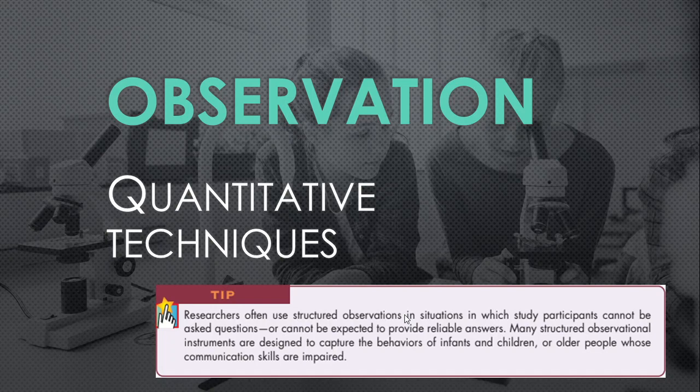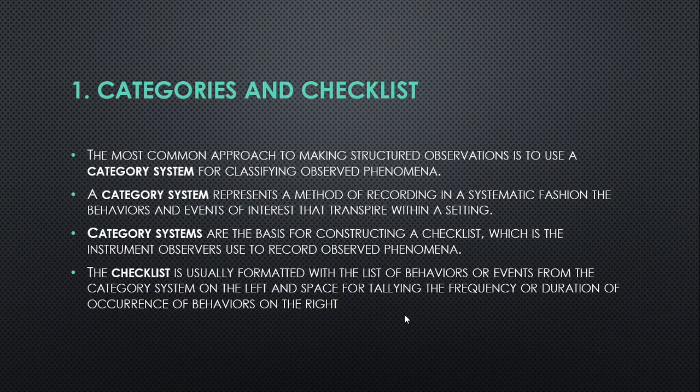Structured observation involves the use of formal instruments and protocols that dictate what to observe, how long to observe it, and how to record the data. Unlike participant observation, structured observation is not intended to capture a broad slice of ordinary life, but rather to document specific behaviors, actions and events.